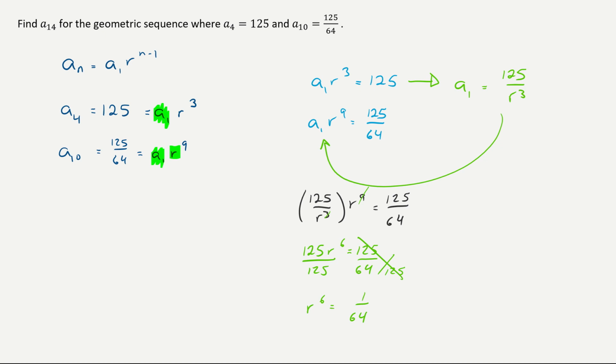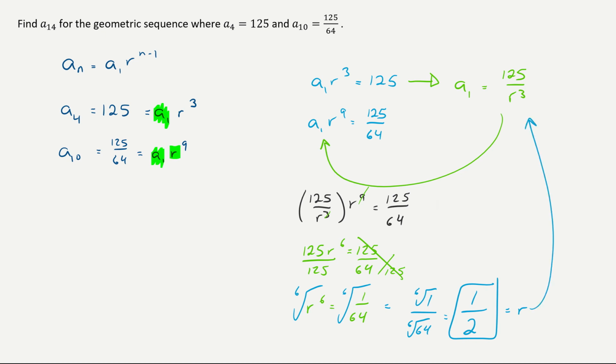Opposite of r to the 6th power is taking the 6th root. The 6th root of 1 over 64, so that distributes to the top and the bottom. That is 1, and if you think about it, 2 times 2 times 2, 6 times, is 64. So I get 1/2. So 1/2 equals r.